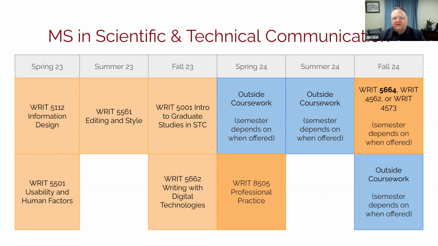And so what I'm trying to show here is that a student who gets accepted to the MS program and starts in spring of 2023, and then takes 2 courses every spring and fall, and 1 course every summer, would be done at the end of fall 2024. So basically December of 2024 would be completed in the program.